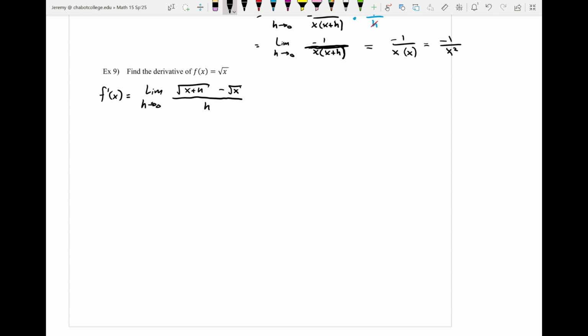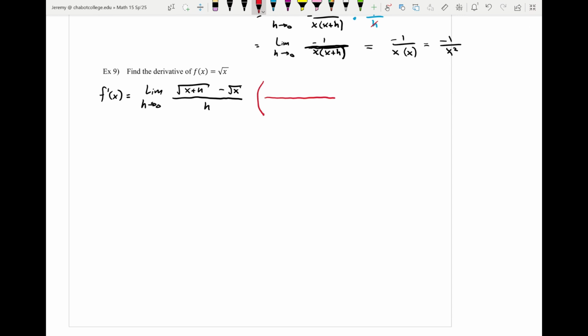We've seen examples in the past where we were taking limits of functions involving square roots and fractions, because we're hoping to manipulate this algebraically in such a way that the h in the denominator goes away. So the approach that we used in the past was multiplying by the conjugate.